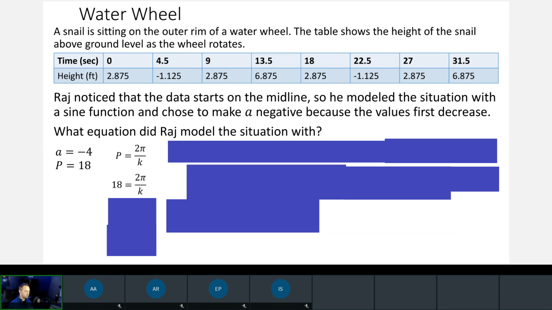If it was tangent or cotangent, that would become pi instead of 2 pi. So don't forget that. All right, everyone solve for K. What does K equal? Pi over 9.